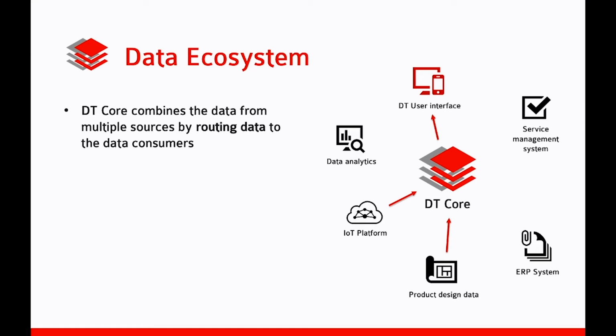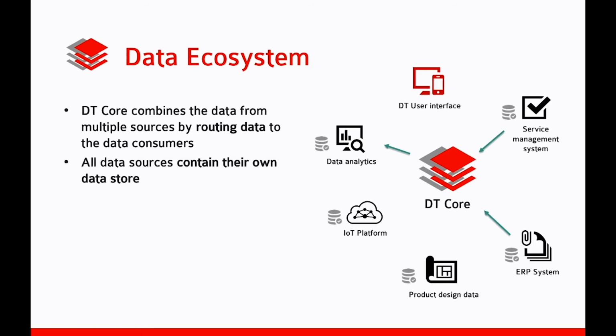So here's more probably a specific way of doing that. Another example, if we want to have some information from the field, from services and from the ERP, how the machines are built, and do some data analytics on that, we may want to route the data through the digital twin that combines the data to be in a more usable and understandable form, probably on the way.